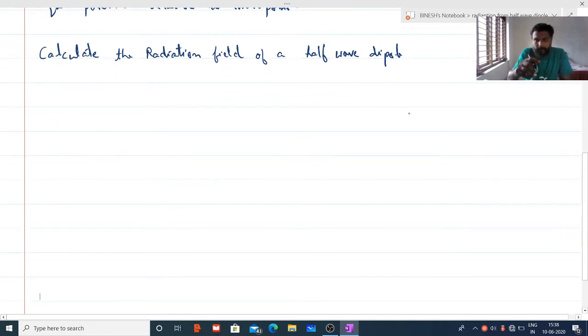For that purpose I will just draw one figure indicating the current as well as the small current element. That is a sinusoidal current distribution that is being fed at the center of the dipole antenna. I will take this as the center point.